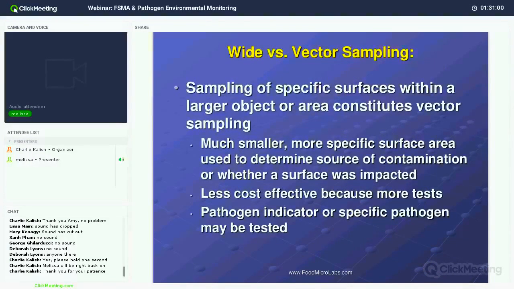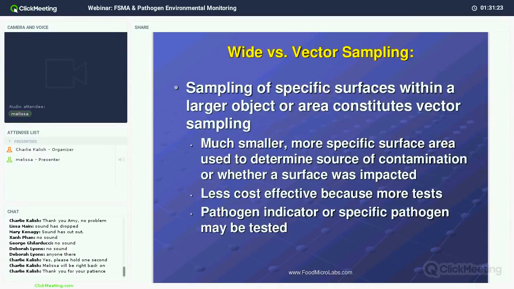And so, sampling of specific surfaces within a larger object or area constitutes vector sampling, and that is a much smaller, more specific surface area that's really specifically used to determine the source of contamination if contamination is there.